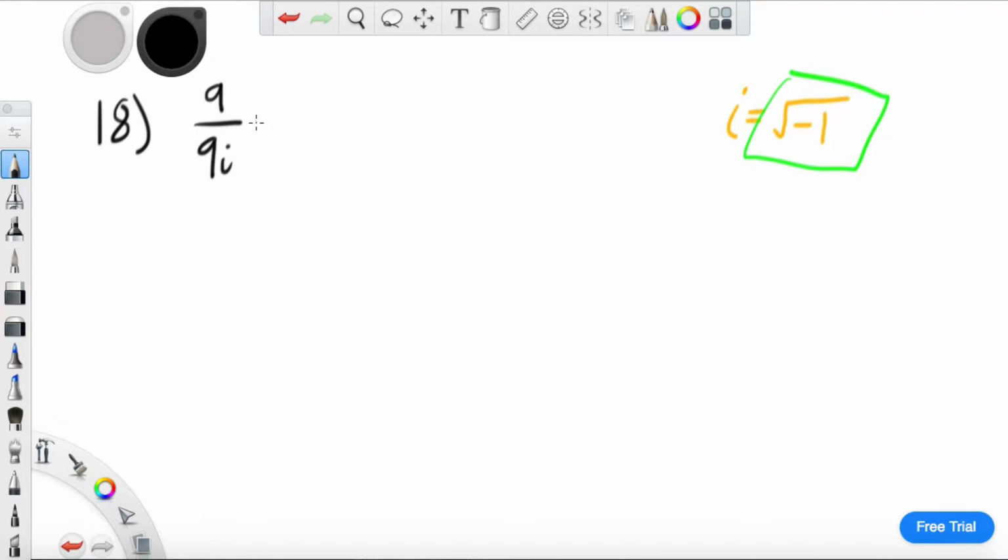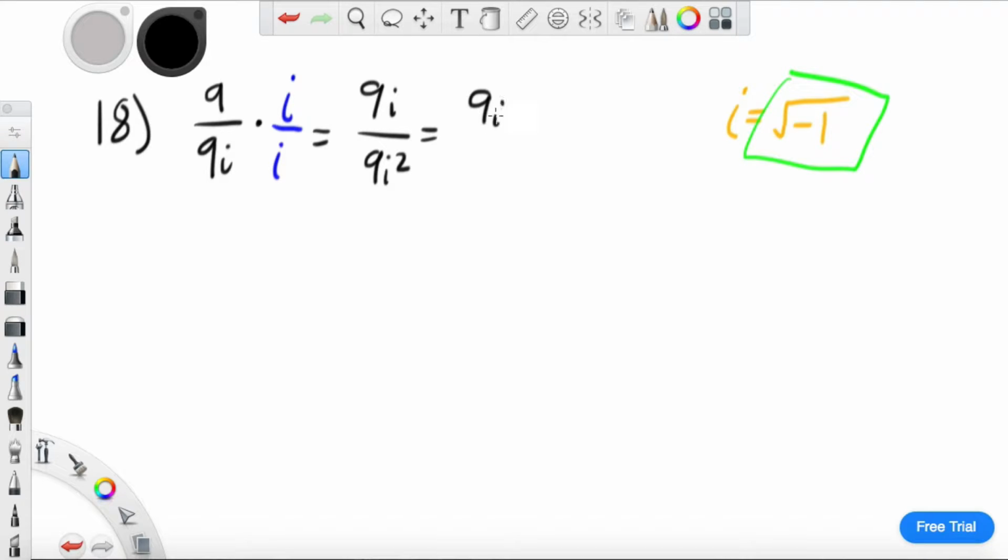All right. So what we're going to do is multiply the top and the bottom just by i, because that way we can make the i on the bottom i squared, which will equal -1, and we will have achieved our purpose. Okay, so I'm going to multiply both the top and the bottom by i. That means the top is going to be 9i, and the bottom is going to be 9i squared, right?